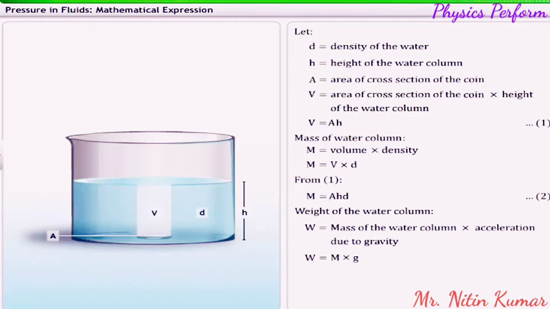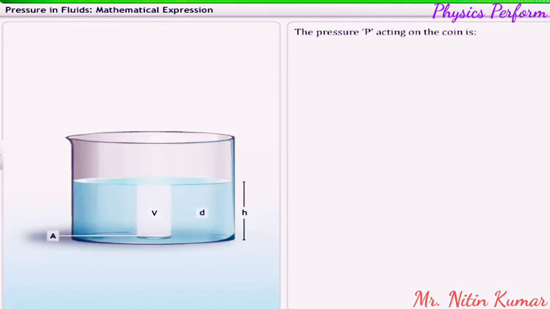Substituting equation 2 here, you get equation 3. Weight of the water column acts normally on the object. Thus, the pressure P acting on the coin is the ratio of weight of the water column to the area of the coin. That is, P is equal to W divided by A.